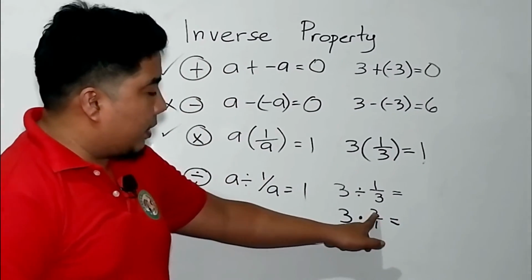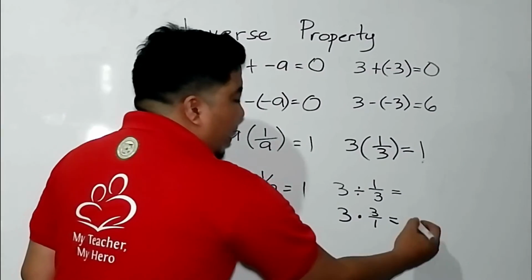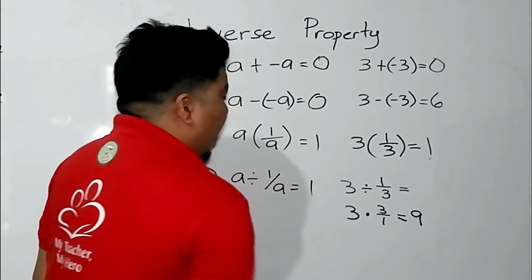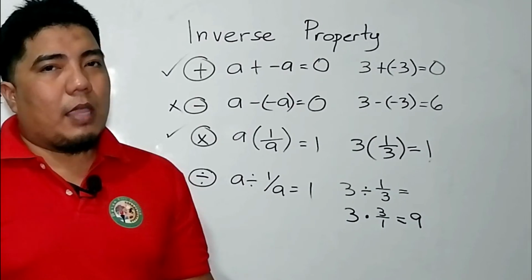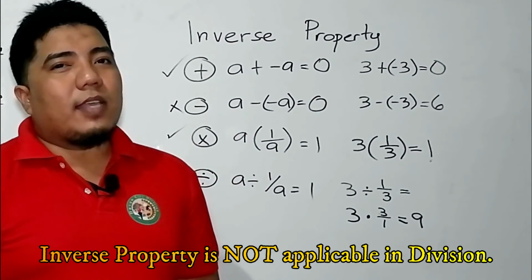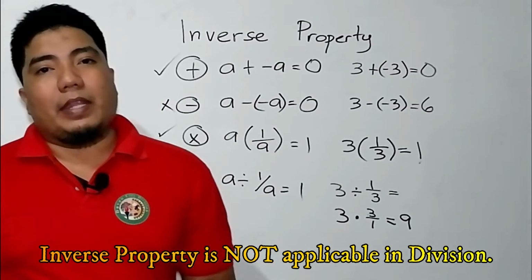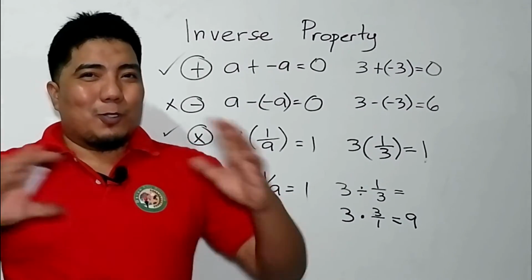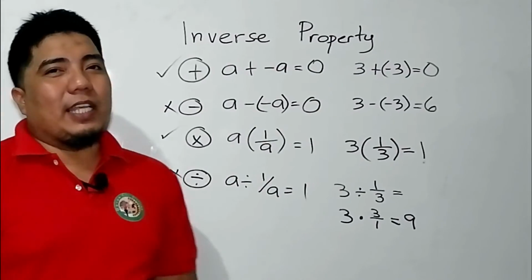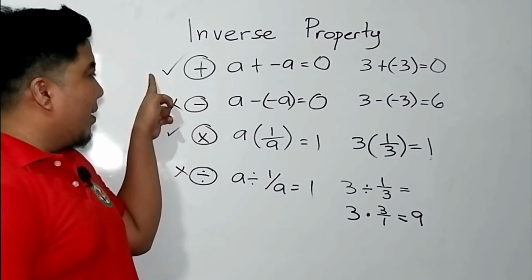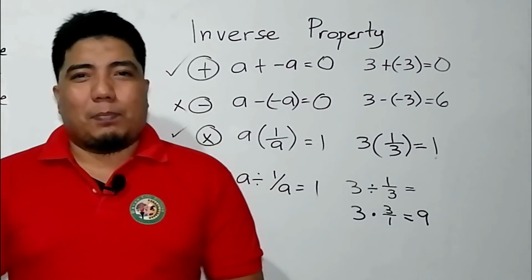So, 3 times 3, that is 9. 9 divided by 1 is 9. And 9 and 1, they are not the same. Therefore, it is not the identity element. We cannot say that inverse property is applied in division. So, to generalize, inverse property can be applied in addition and multiplication.